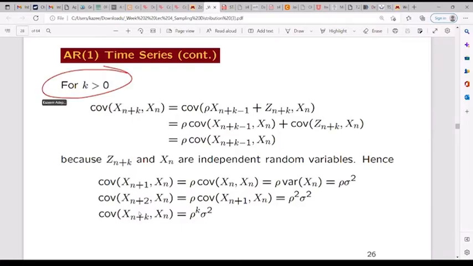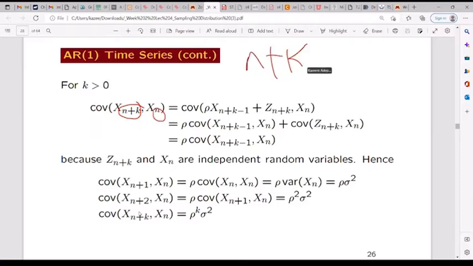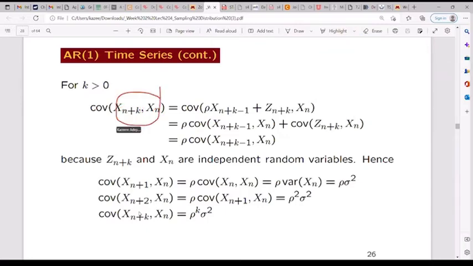We want to talk about the autocovariance, the covariance when the variables are k lag apart. Look at that: when you look at n plus k and n, n plus k minus n is k, so these are k lag apart.